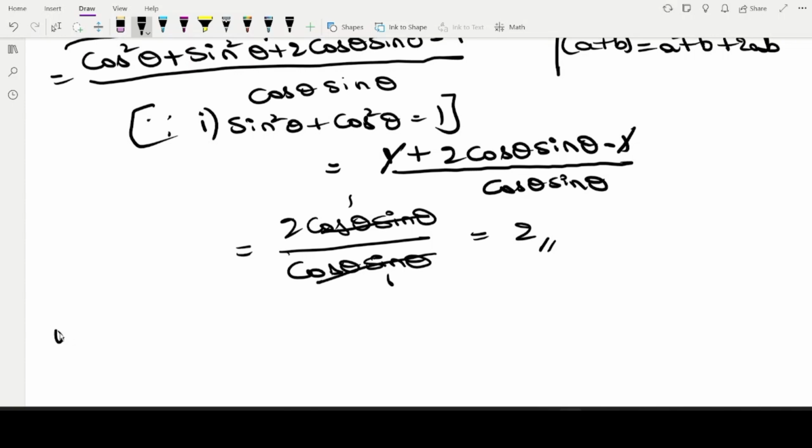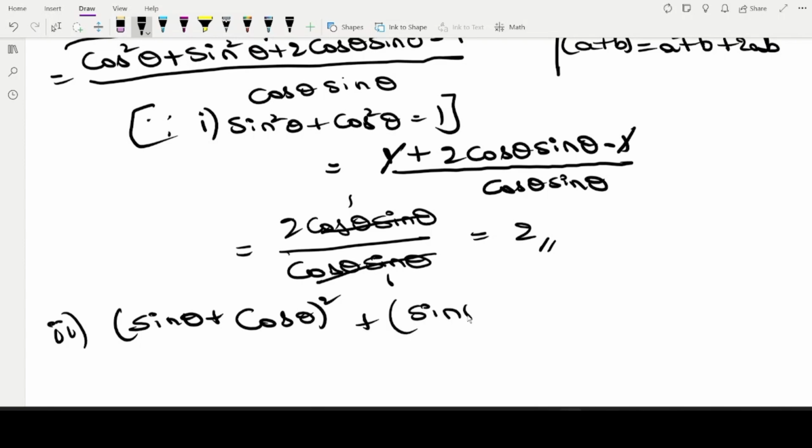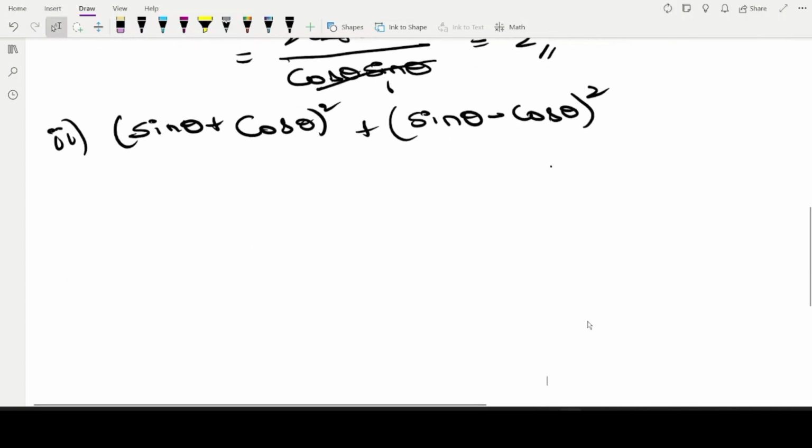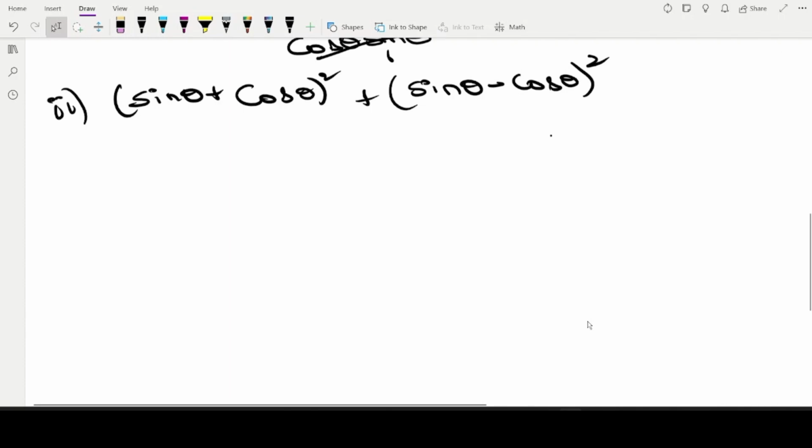Now let us solve the second question, which is given as (sin theta plus cos theta) whole square plus (sin theta minus cos theta) whole square. Let us solve the problem here.